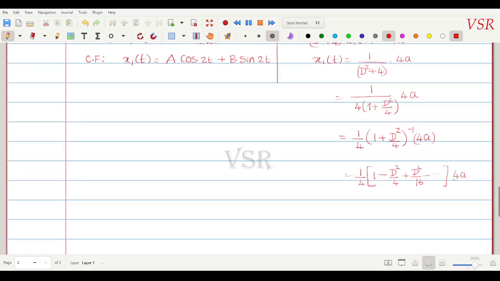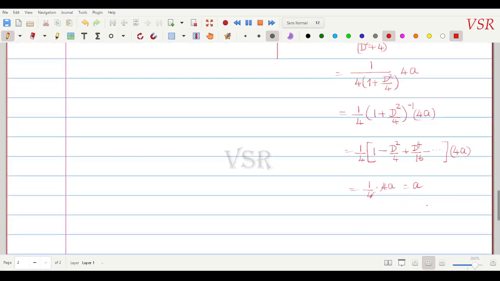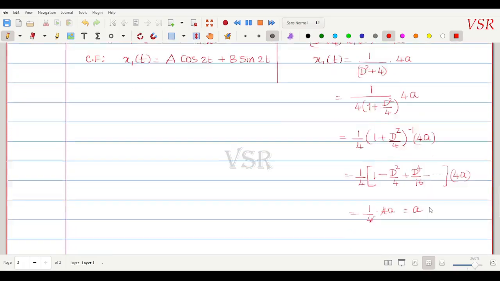Differentiating 4a even once gives 0, so all the differentiation terms vanish. Multiplying by 4 gives a. So the particular integral is a constant, x1 of t equal to a, which satisfies the equation.